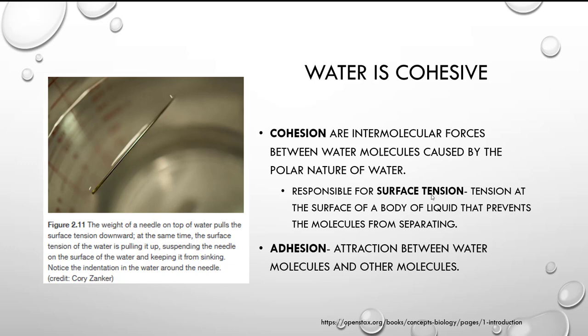So they can do that due to surface tension. So they are able to just barely touch the surface of the water, and due to surface tension, due to the cohesive forces of water, they are able to sit on the surface of the water and not break the surface.